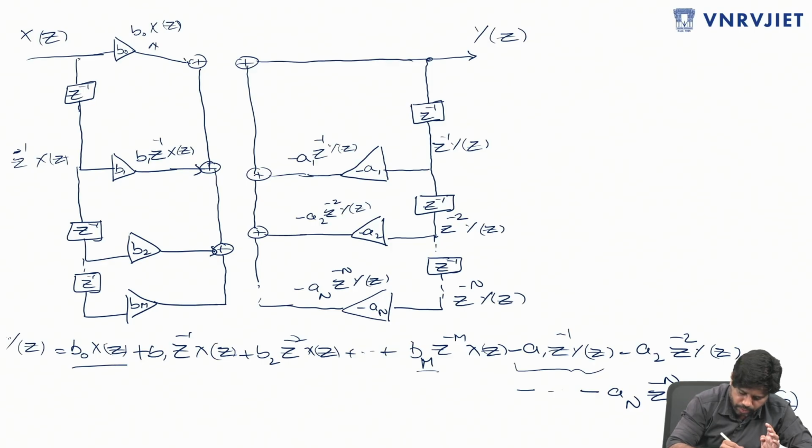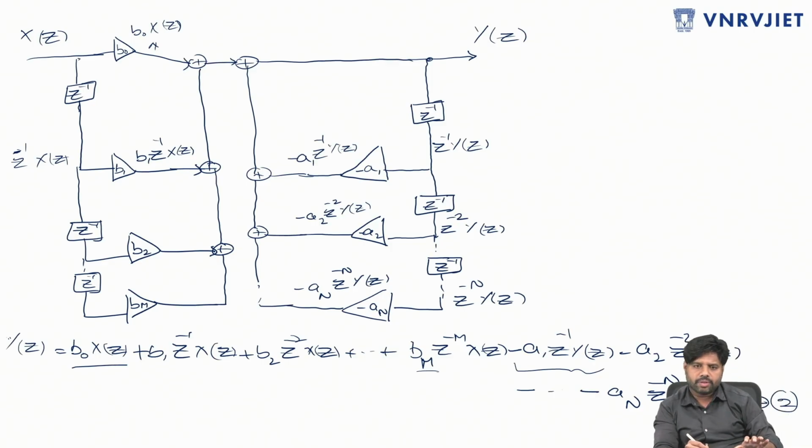So all these terms are to be added. So it forms the direct form 1 structure. So here simply block by block you can construct at the output end, and same follow at the input end, and add the input end side and output end side. Finally it gives you the direct form 1 structure.